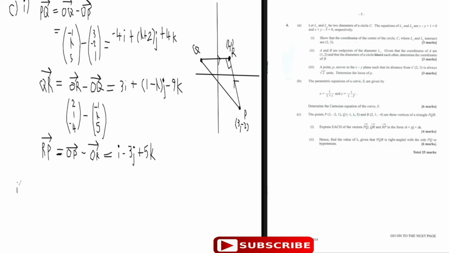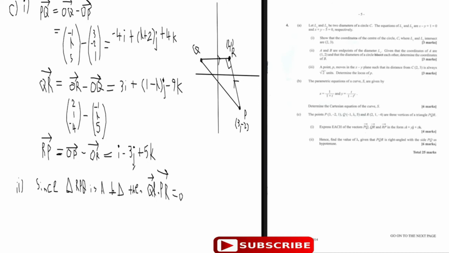Looking at the diagram, since triangle RPQ is a right angle triangle, what that is telling us is that the dot product QR dot PR must be equal to 0. So we're going to use that dot product to solve for lambda.